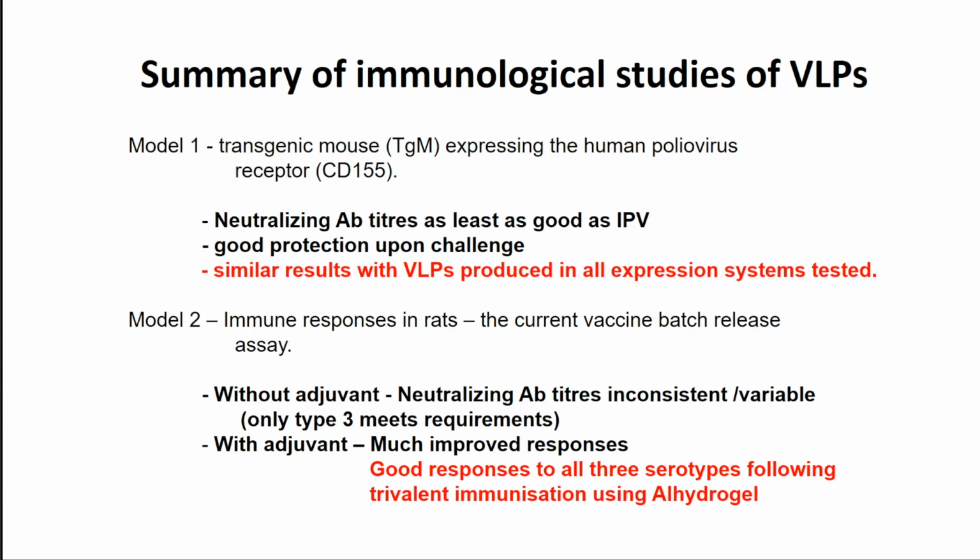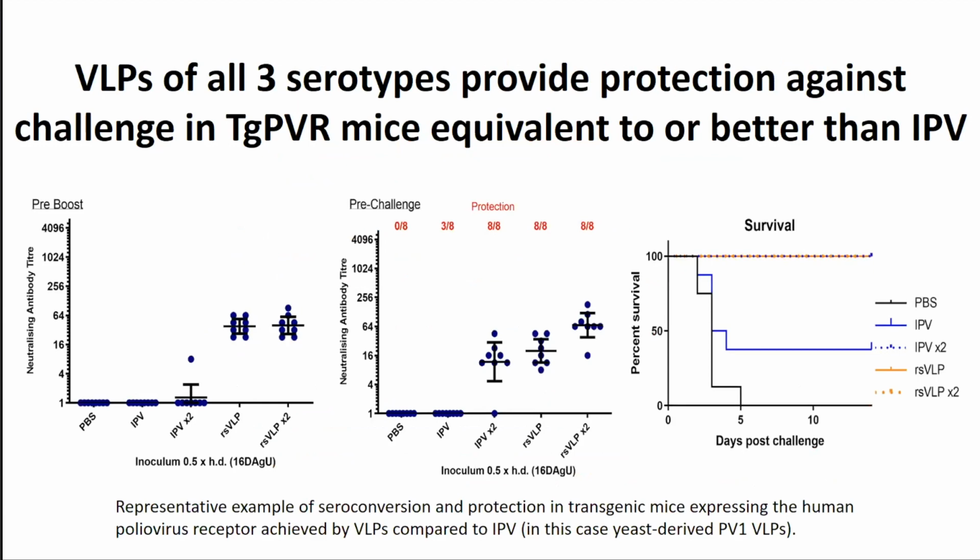However, using an adjuvant, a very simple, well-used adjuvant, aluminium hydroxide, we get much improved responses. This just demonstrates model 1, the transgenic mouse, where we can see that the VLPs are, in fact, significantly better in this case than IPV in terms of both the induction of neutralizing antibodies and survival on challenge.